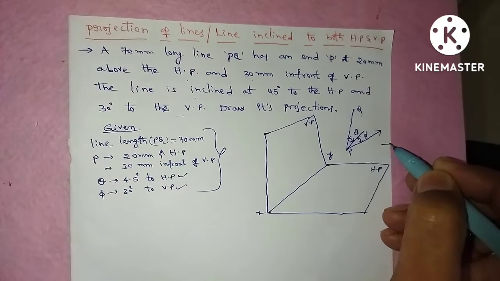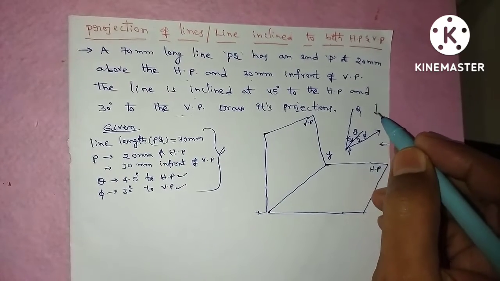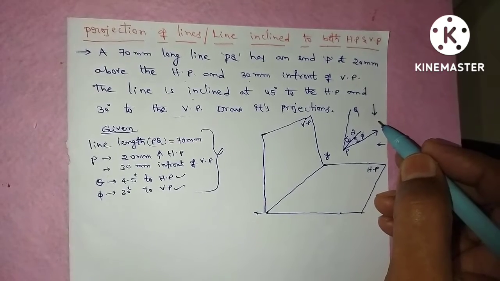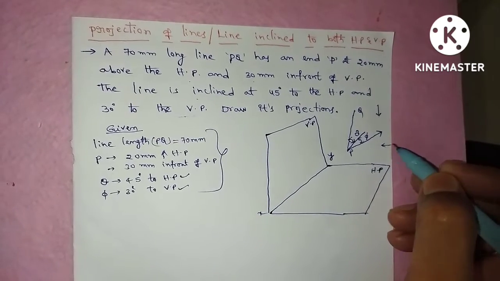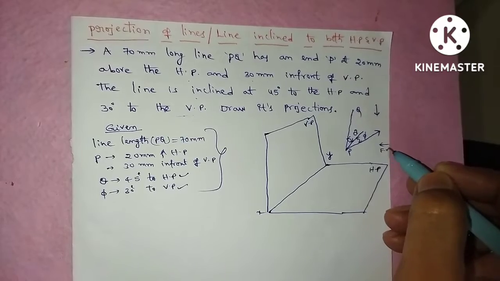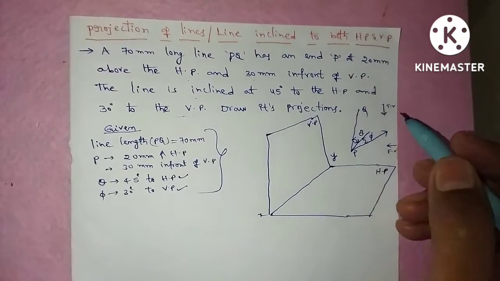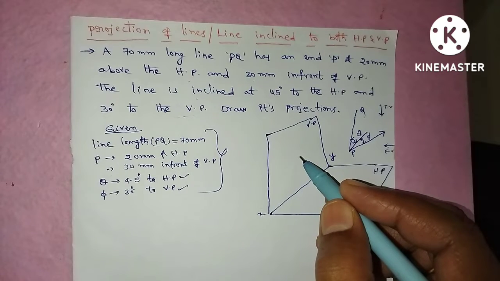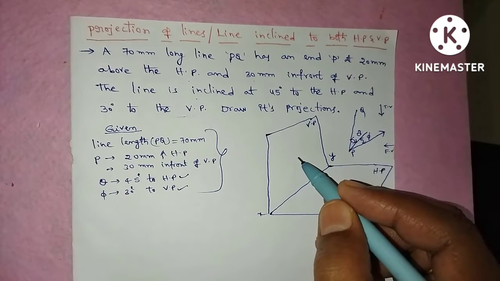It is not possible to draw when the line is inclined to both HP and VP in a single direct step. So for that we need to consider the line initially inclined to HP. In that case draw the front view and top view, and when the line is inclined to VP, draw the front view and top view, then go for the final view.